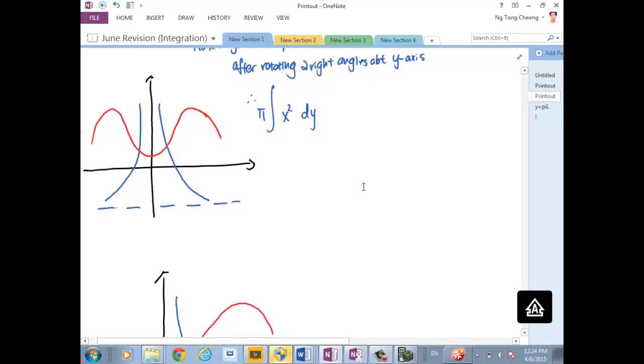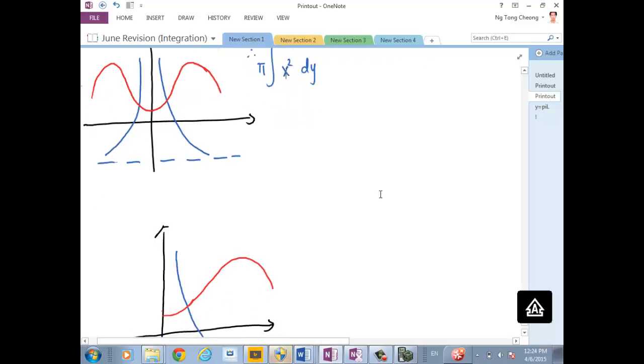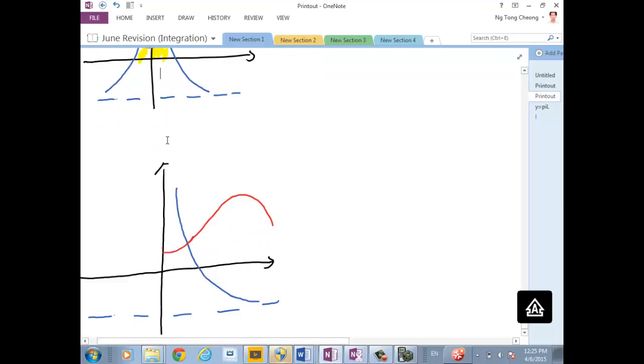Then now, do you agree with me that when I rotate the region R 2 right angles, this is my region R here, the volume or the solid that I'm going to get is the same as when I rotate this region 4 right angles. You do agree with me, right?